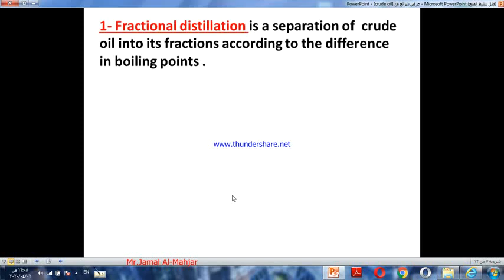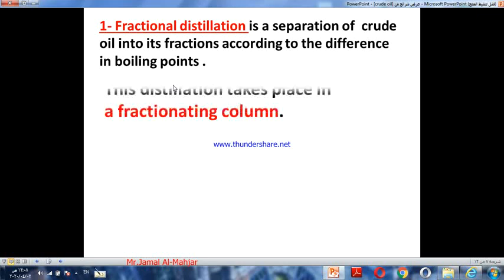Now, what does it mean, fractional distillation? Fractional distillation is a separation of crude oil into its fractions according to the difference in their boiling points. This distillation takes place in a fractionating column.